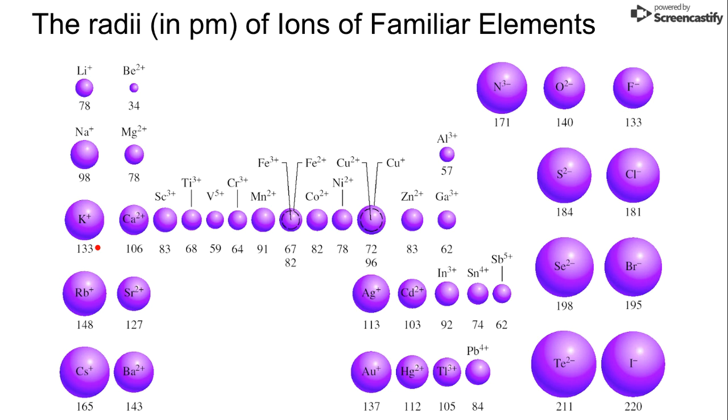And so what we focused on in this video was, number one, effective nuclear charge. And that has everything to do with all of these trends. The stronger the nucleus can hold on to the electrons, the smaller the atom is going to be, as well as the other trends that we're going to talk about here in the next video. So this is the end of part 1.